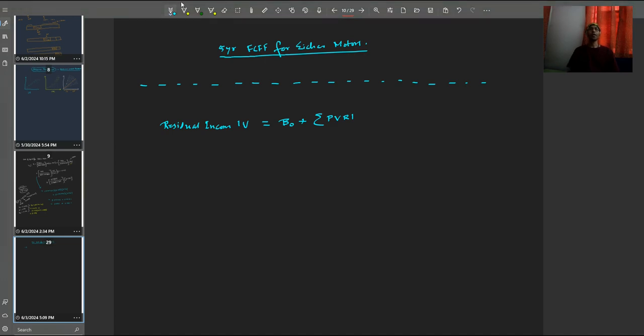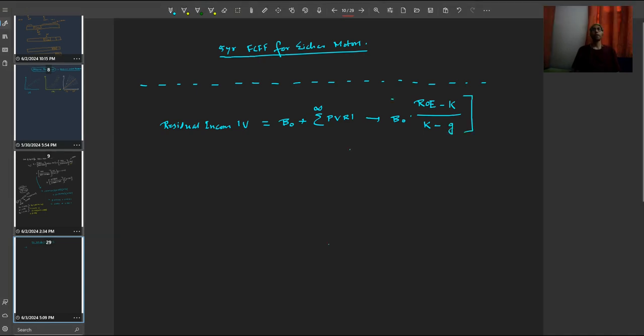Now the present value of all the future residual incomes up till perpetuity, this expression can be rewritten as B0 multiplied by return on equity minus cost of capital divided by cost of capital minus growth rate.